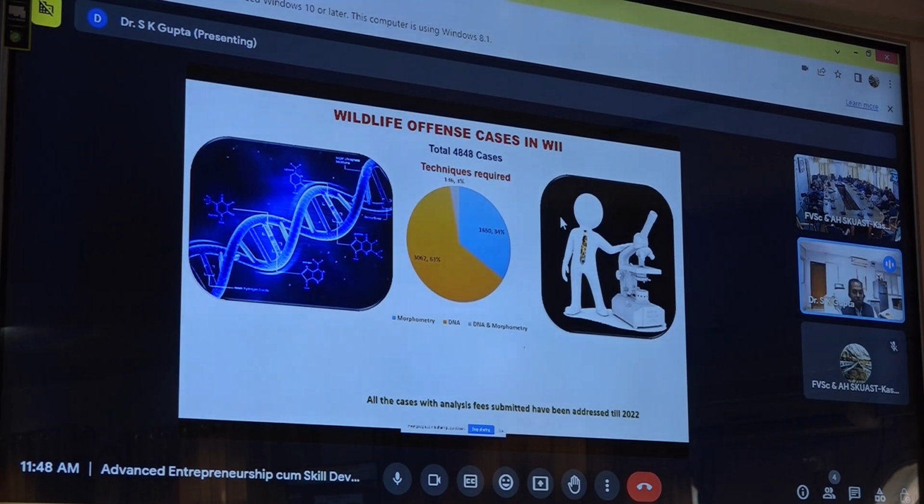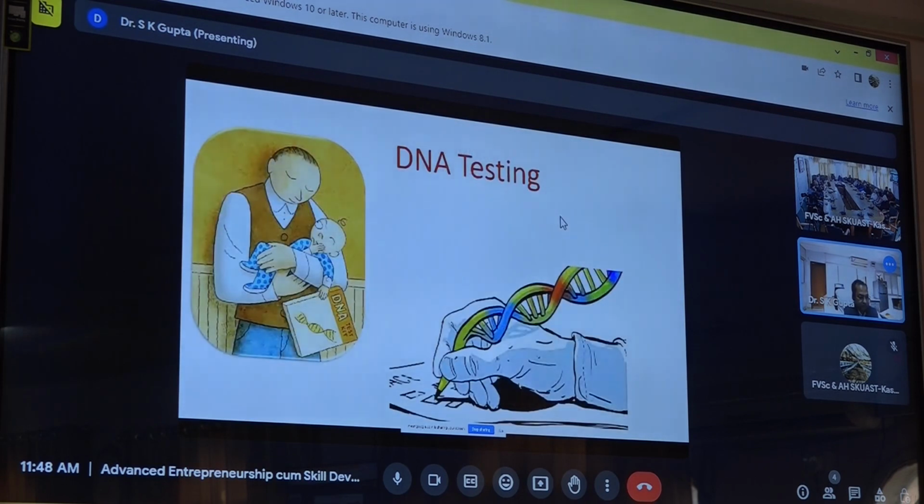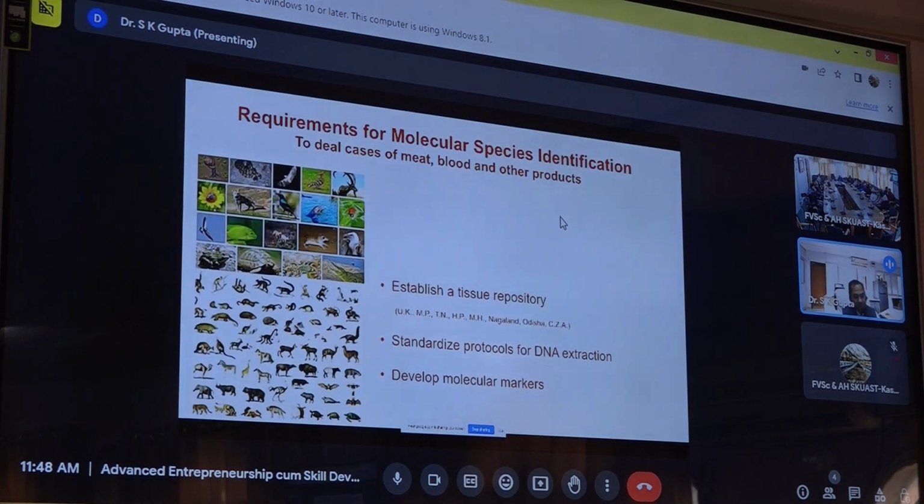So in our institute, we have both technologies in place. We use morphology as well as DNA. And I have been involved in providing more than 2,500 reports based on DNA tests. And for DNA testing, I will tell you briefly, we need to have a repository. And we need to have a good protocol for the DNA extraction and markers, so that has already been taken care of.